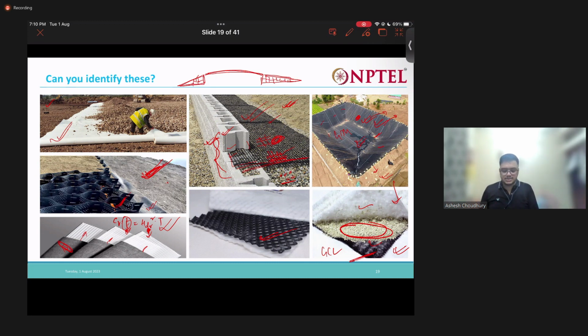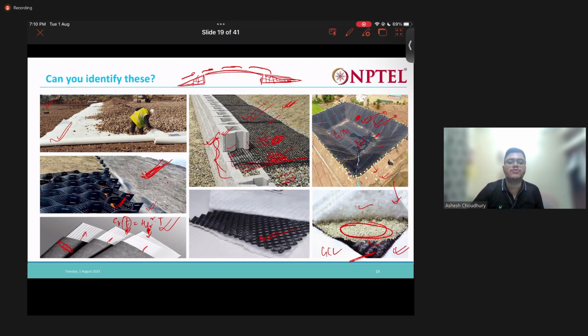You will see these blocks on the sides of the approaches. These are just fascias, and behind these fascias is nothing but reinforced soil.